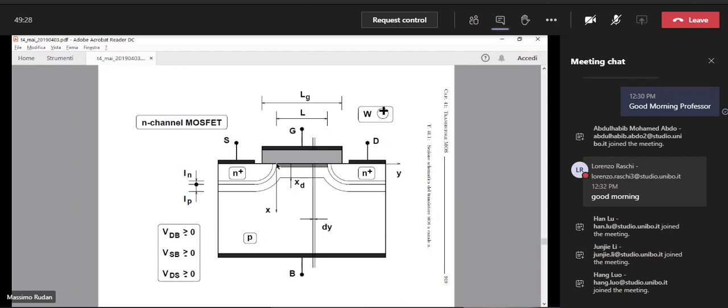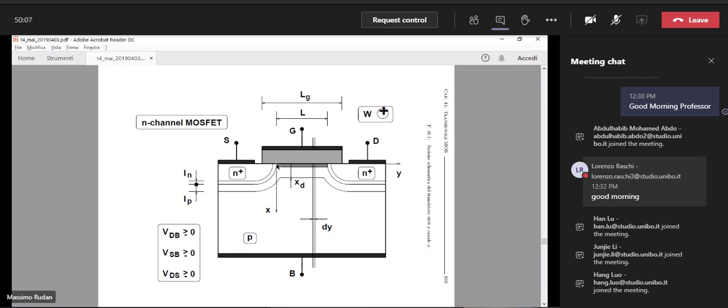Instead, we have two important points in the device. One point is the point in which the PN junction, that is, you see this line is the line in which we have the PN junction, where the dopant is prevailing of the N-type above and of the P-type below. So this line indicates the boundary of the PN junction of the source on the source side.